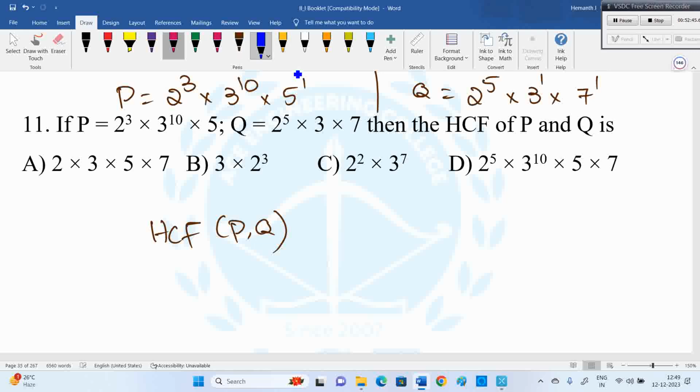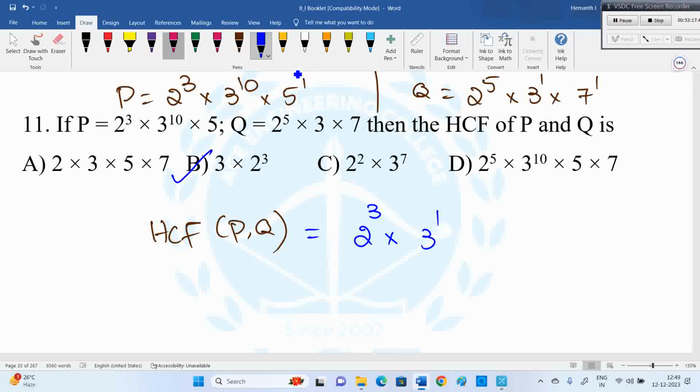Now for HCF, what should you do? Take common prime numbers. What are the common prime numbers in both? 2 and 3. Now 2 power 3 is available, 2 power 5 is available. What I said for HCF is that we take the prime number power as least. So 2 power 3. For 3, 3 power 10 is available, 3 power 1 is available. What do we have to take? 3 power 1. So option B.